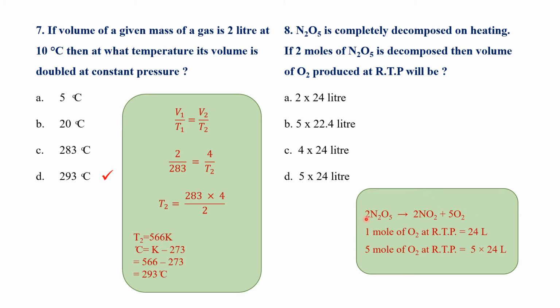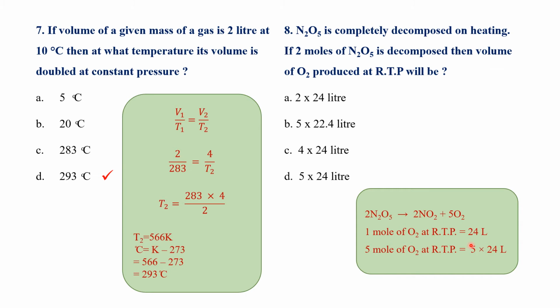So 2 moles of nitrogen pentoxide will produce 2 moles of nitrogen dioxide plus 5 moles of oxygen. So 1 mole of oxygen at RTP is 24 liter. Remember, the option given is RTP. So at RTP, the volume occupied by 1 mole of gas is 24 liter, and the volume occupied by 1 mole of a gas at STP is 22.4 liter.